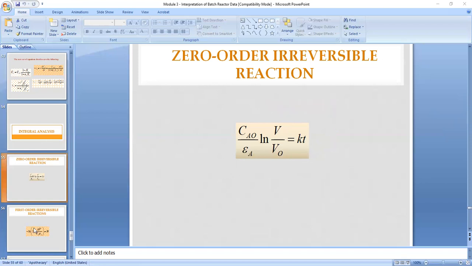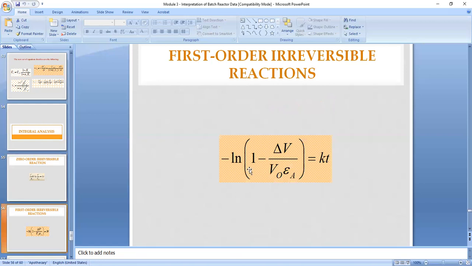If it's first order, class, this will be the formula. Your delta V here is final volume minus initial volume. And again, you see that we have volume here because the volume of the system changes. Oftentimes, 100% of the time, this is for gaseous systems, so constant pressure systems or gaseous systems.